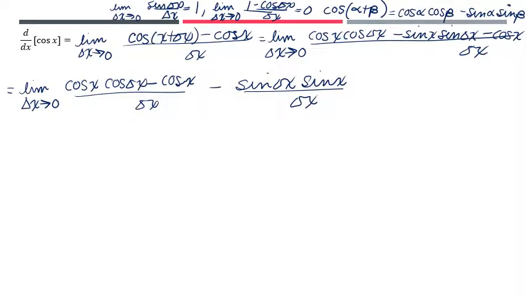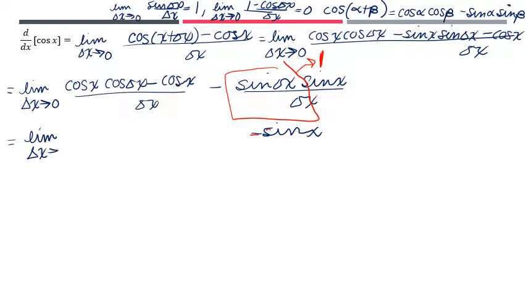And you might already see here, I have a sine delta x over delta x, that's got to go to 1. So this piece just becomes minus sine x. For this first term, I'm going to factor out a negative cosine x.